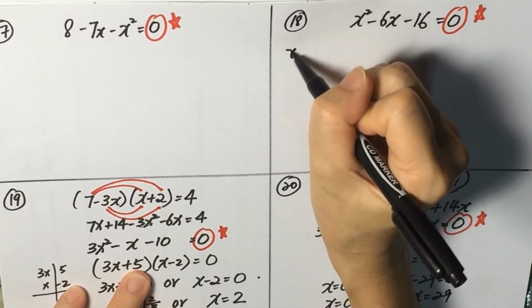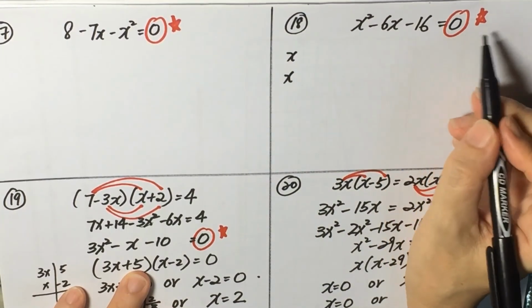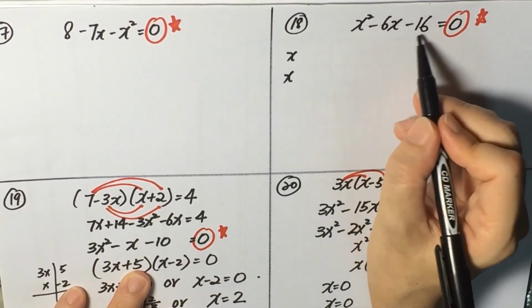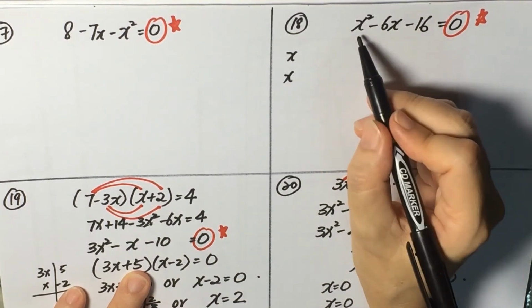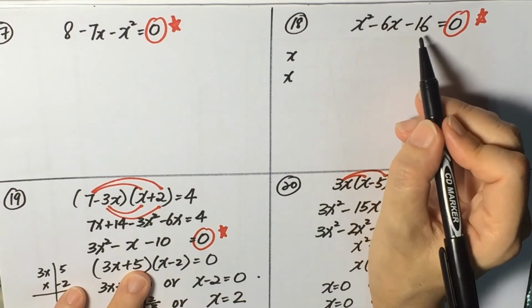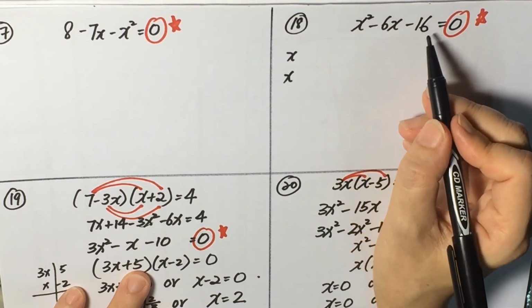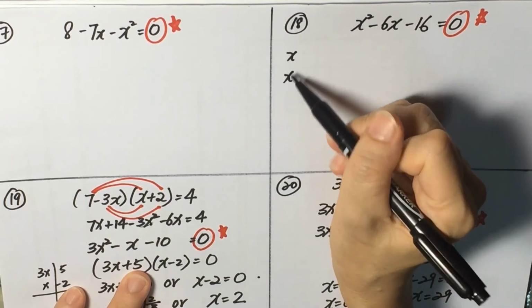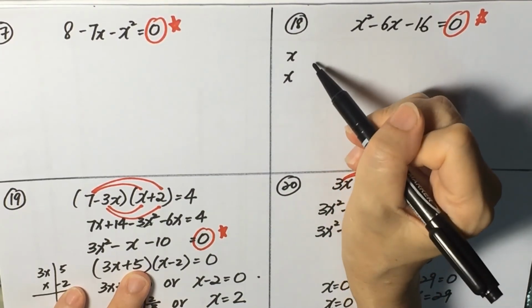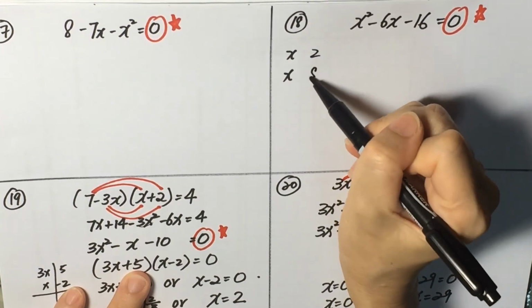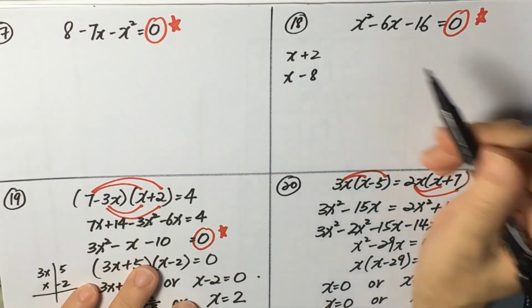This one is easier. It already has one side equal to 0. So what we need to do is just factorize the left hand side. The left hand side is the general form of a quadratic expression which is in descending order of x. So I break x squared into x times x, 16 into 2 and 8, with a negative 8 and a positive 2.